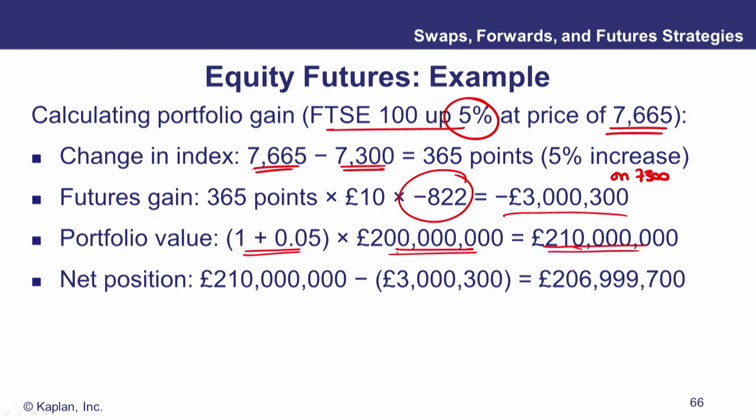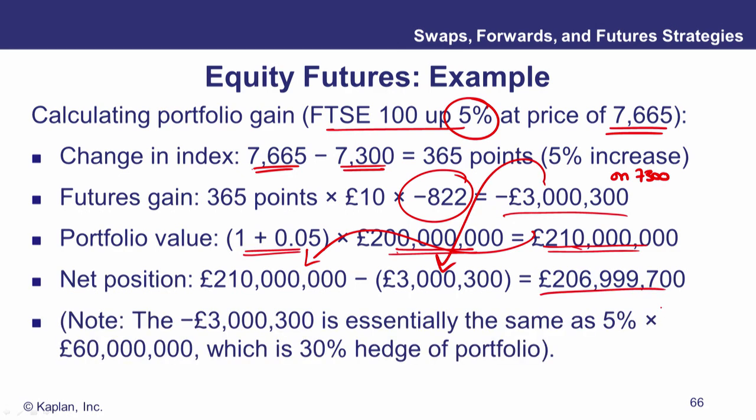Whilst you might remove some exposure, it doesn't mean the portfolio is not still there. It is still there. Your net position at the end is going to be the 210 minus the losses in the futures, which is 206, close to 207, isn't it? Very close to 207. Okay? So this 3 million loss is essentially the same as the 5% on 60 million which we've hedged. Okay? That's really just hammering home the point that the hedge has been effective there.